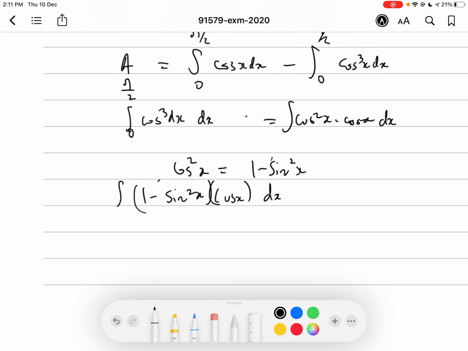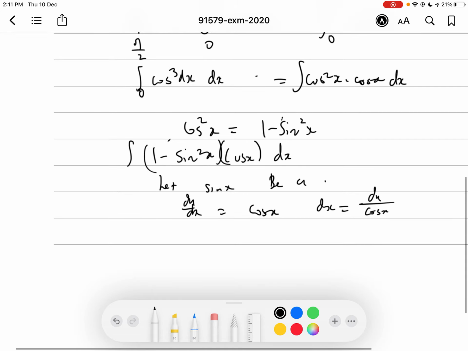As we can see here, cos is the derivative of sine. So in this case, we can let sine of x be u. Therefore, du over dx equals cos of x, and therefore dx equals du over cos of x.